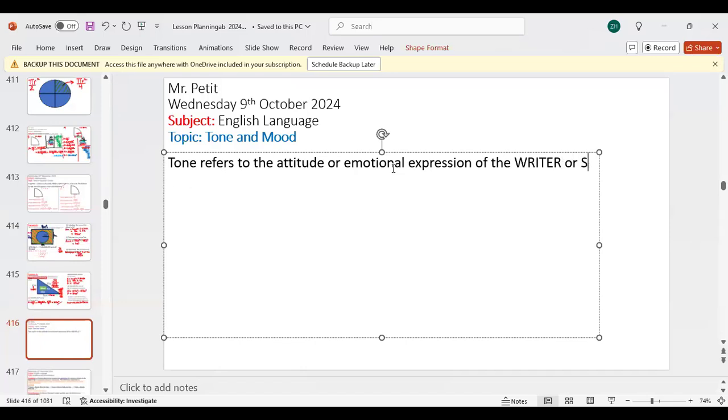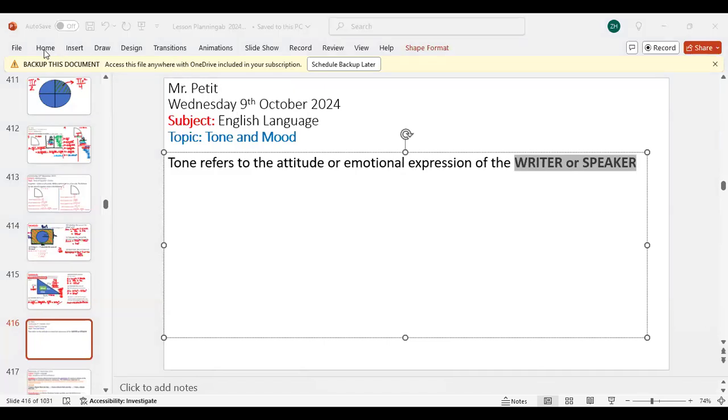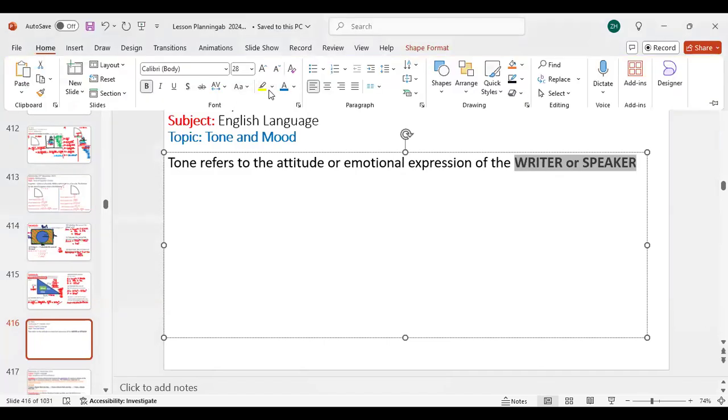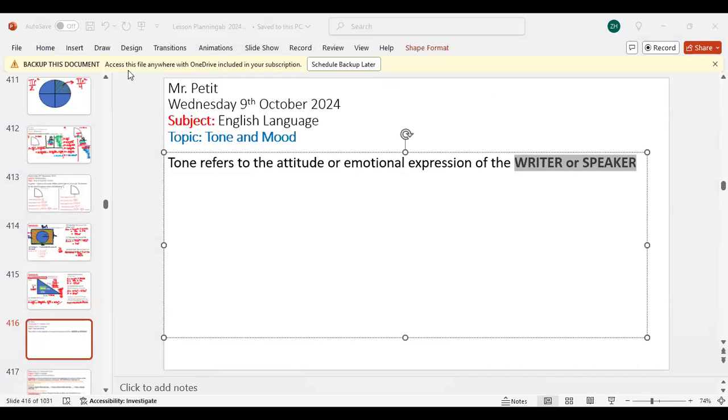So tone is how the writer feels towards a subject. Do not mistake tone and mood. Tone is how the writer feels, how the author feels towards something. Okay, so tone is the writer's attitude, the writer's emotional expression, what the writer is thinking, how the writer expresses him or herself, right?